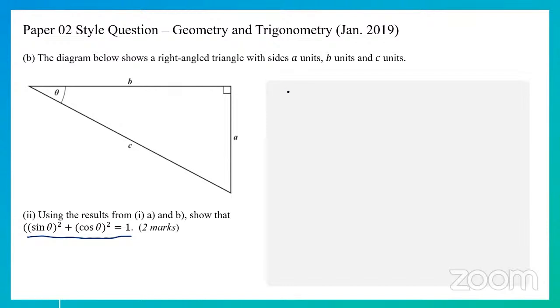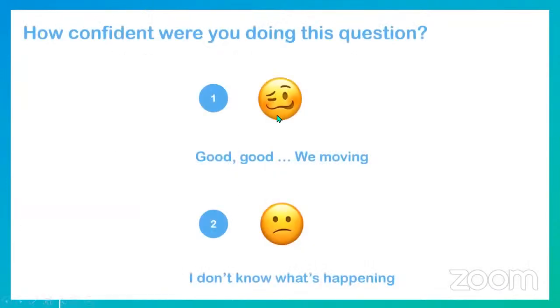So we know that sine theta is A over C. Cos theta is B over C. And this is asking for sine theta squared and cos theta squared.